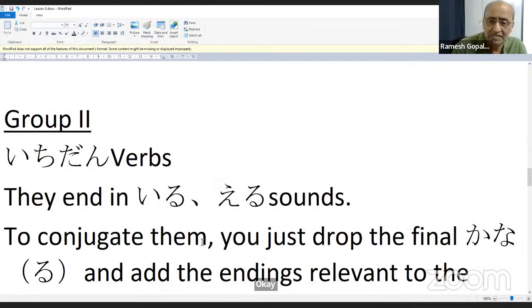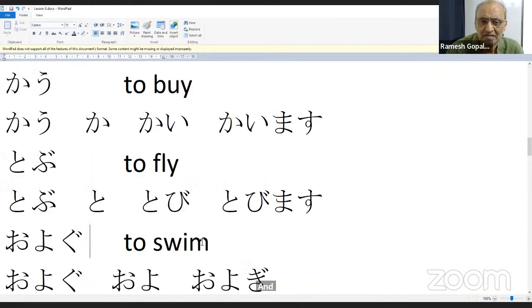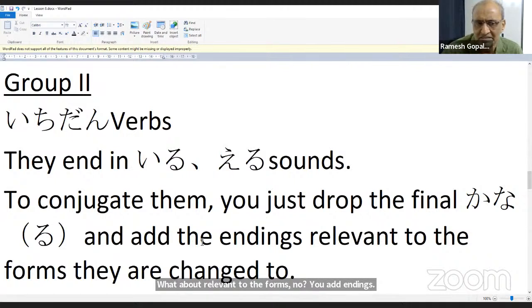And to conjugate them, what do you do? Nothing. Simply drop ru. And add endings relevant to the forms they change to.